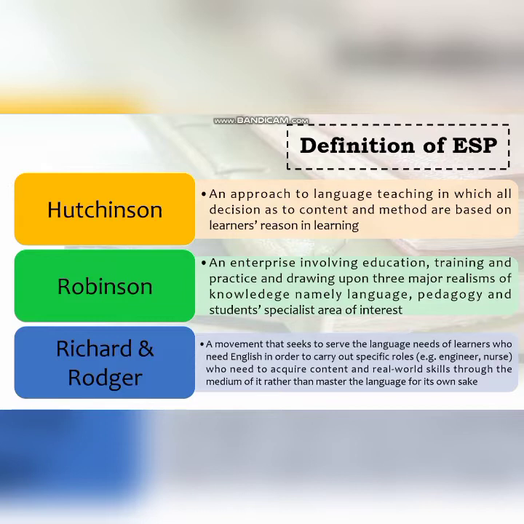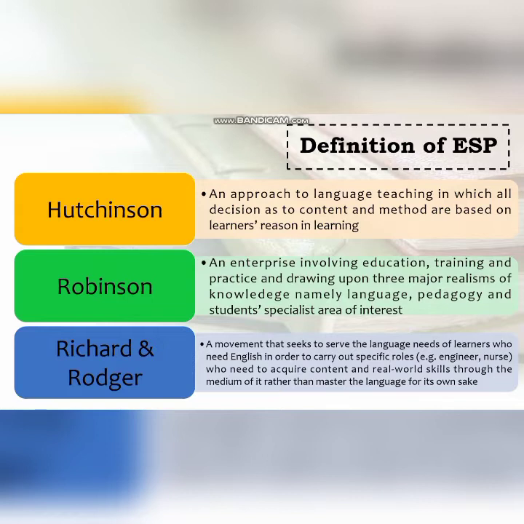Robinson said that there are three realms in ESP. It involves education, training, and practice. During the education, the students will get trained and also will get practice based on their need and also their specialist area of interest.